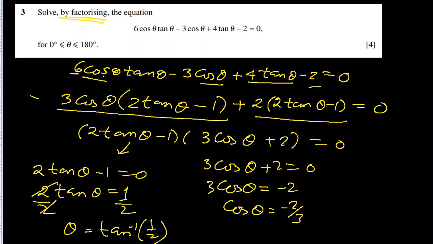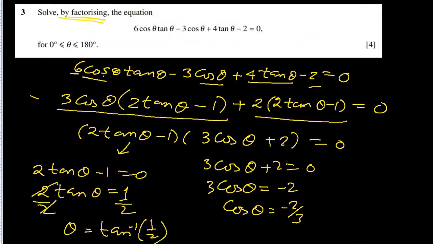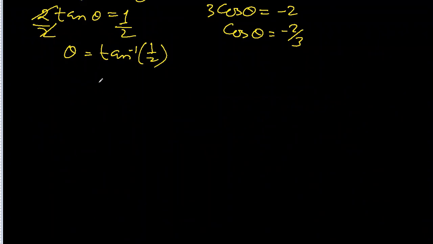And now we will solve them one by one. They have already given us the domain 0 to 180, so we will think only up to 180. So tan inverse of half, half is positive, so tan is positive only here. So whatever angle we get here will be the answer after putting tan inverse half in your calculator.